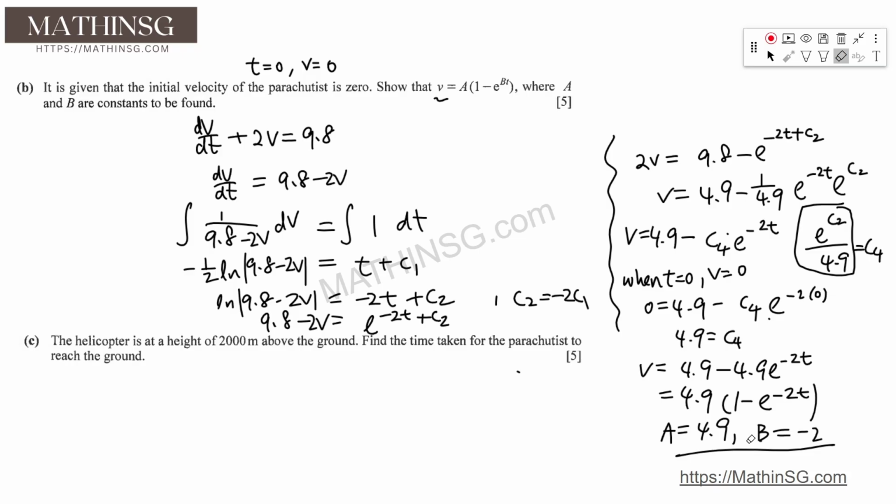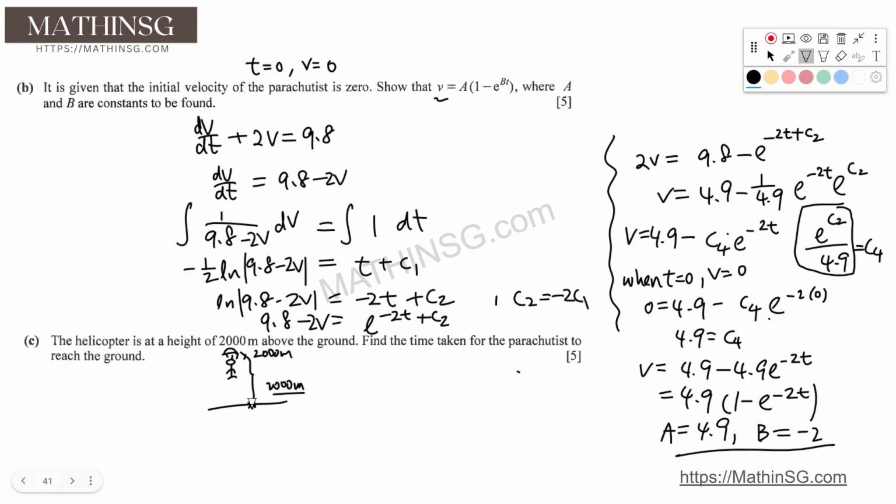Well, if you look at the first part, x is essentially the distance fallen. So if a parachutist is at a height of 2,000 meters above the ground, and you want to find the time for him to reach the ground, he needs to travel through a distance of 2,000 meters.